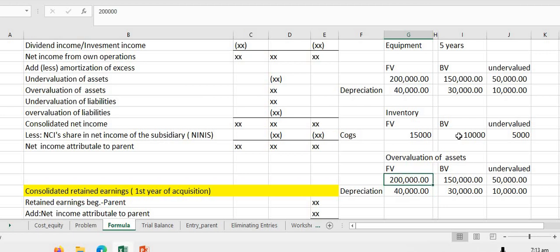Gawin natin itong 150,000. So, gawin natin 200,000. So, this becomes overvalued. So, assuming pa rin that the useful life is 5 years.